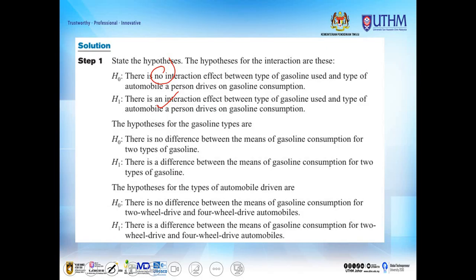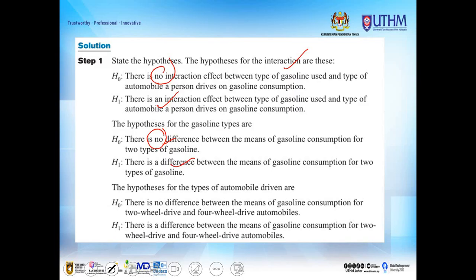Next, the hypotheses for the gasoline types. This one was for the interaction, now I'll go on with gasoline types. The null: there is no difference between the means of gasoline, and the alternative will be that there is a difference between the means.